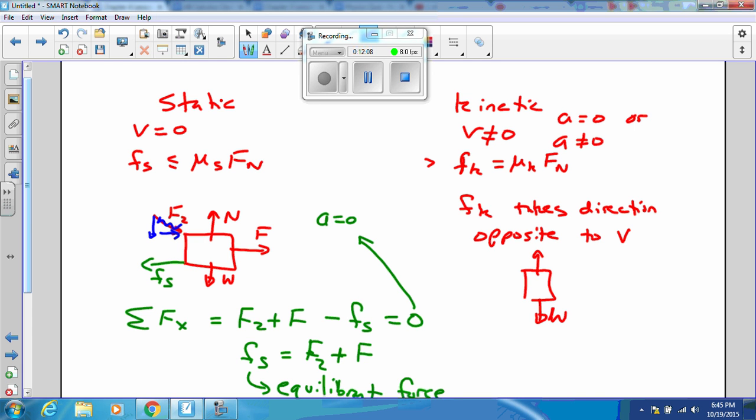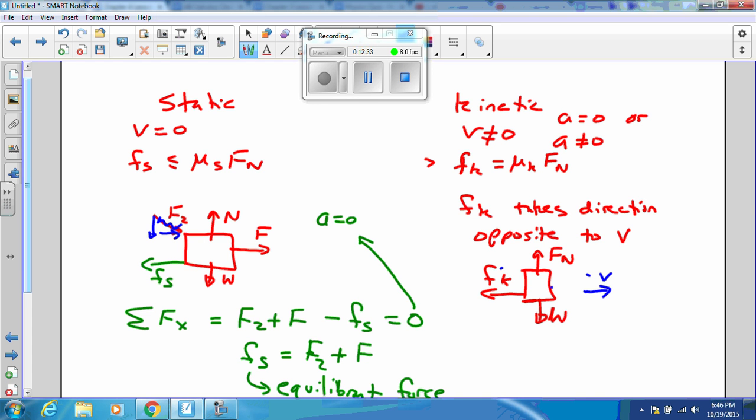So if I have a free body diagram that looks like this, with weight pulling down and normal force pushing up, and I have only the kinetic frictional force acting, then looking at this, I can immediately tell the velocity is going the other way because the kinetic frictional force is always opposite to the velocity.